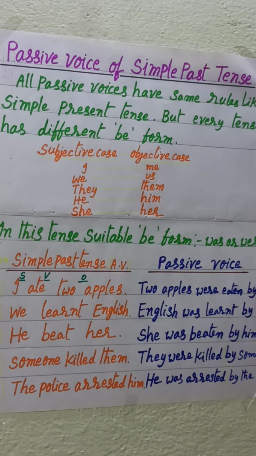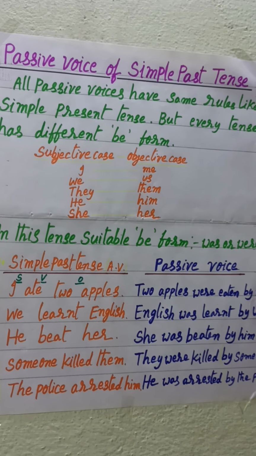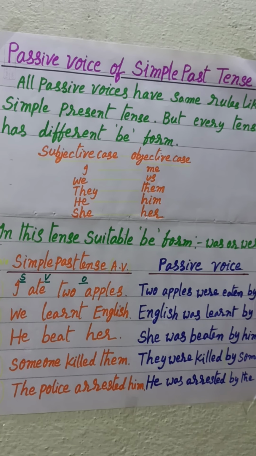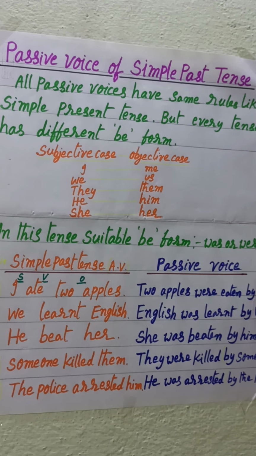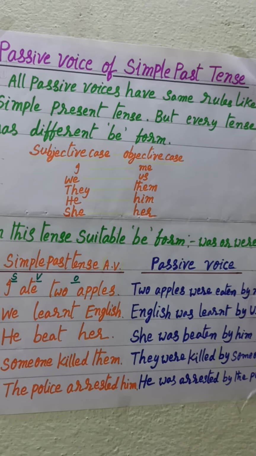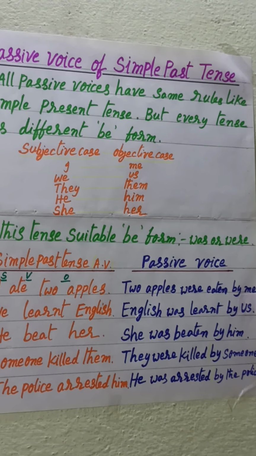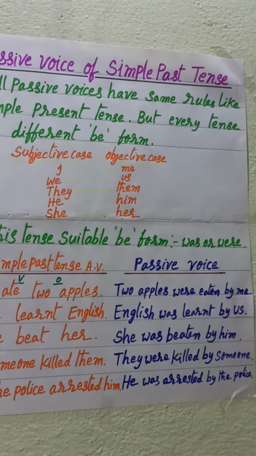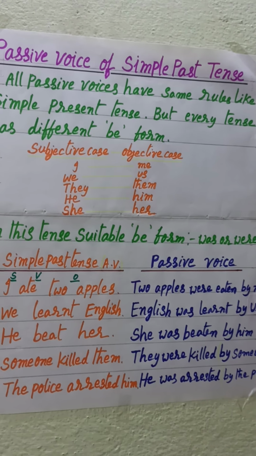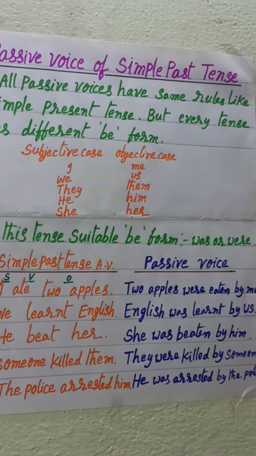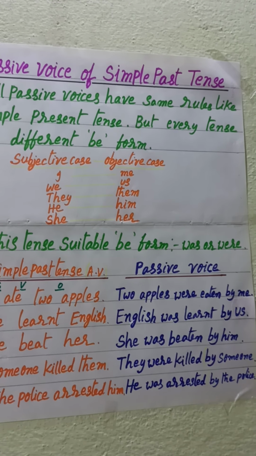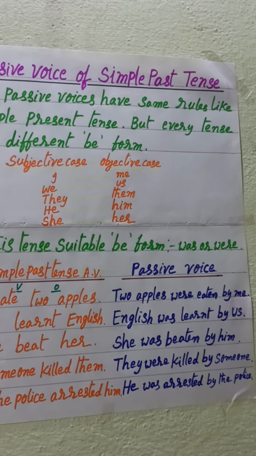Beat, beat, beaten. V1 is beat, V2 is also beat, V3 is beaten. So she is singular, so we write here V form was. The second sentence is also the same: English is singular, so the V form was is also singular.